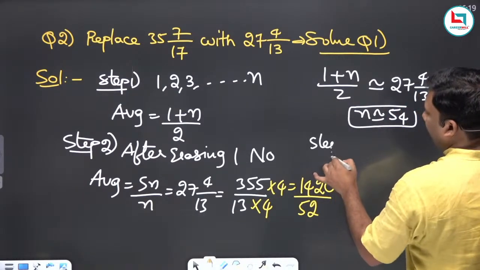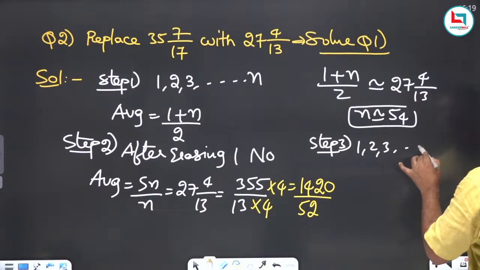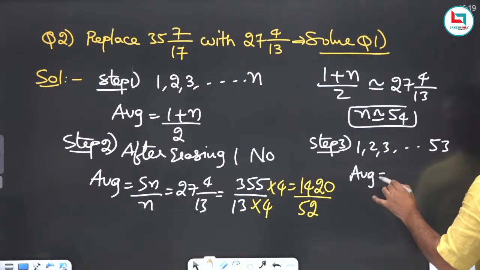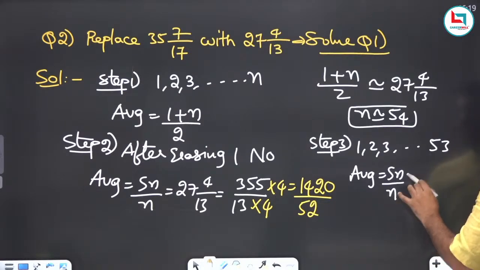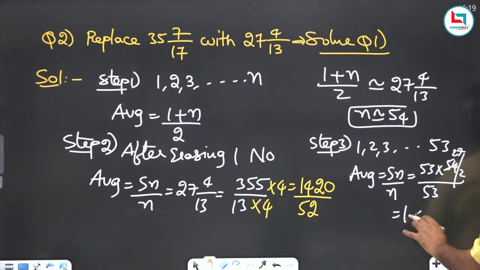Step 3. In total there are 53 numbers on the board. The average is given by Sn by n, 53 into 54 by 2 divided by 53. That gives 1431 by 53.